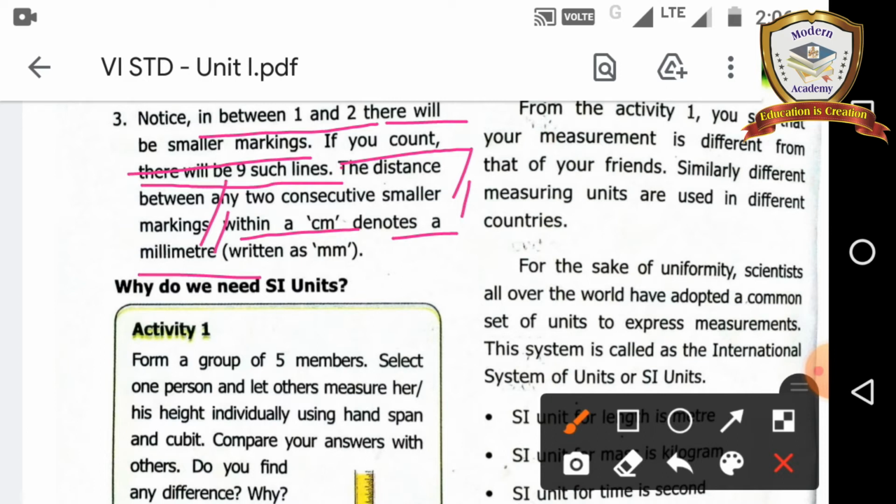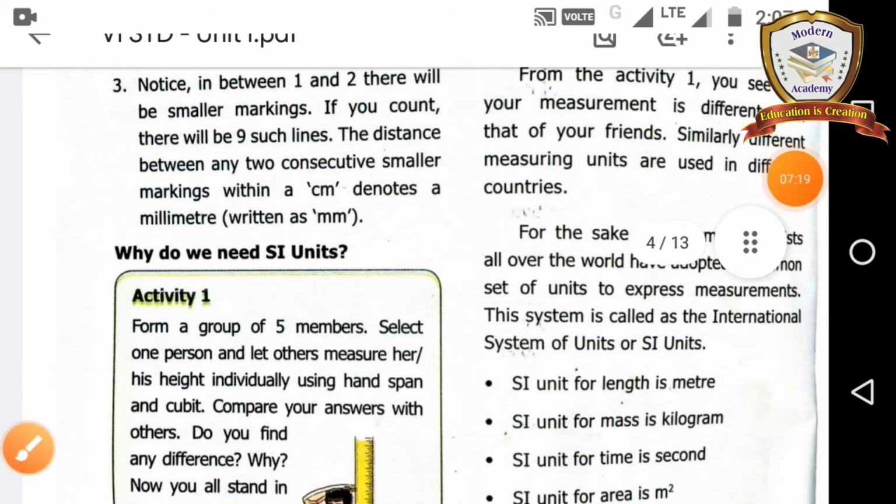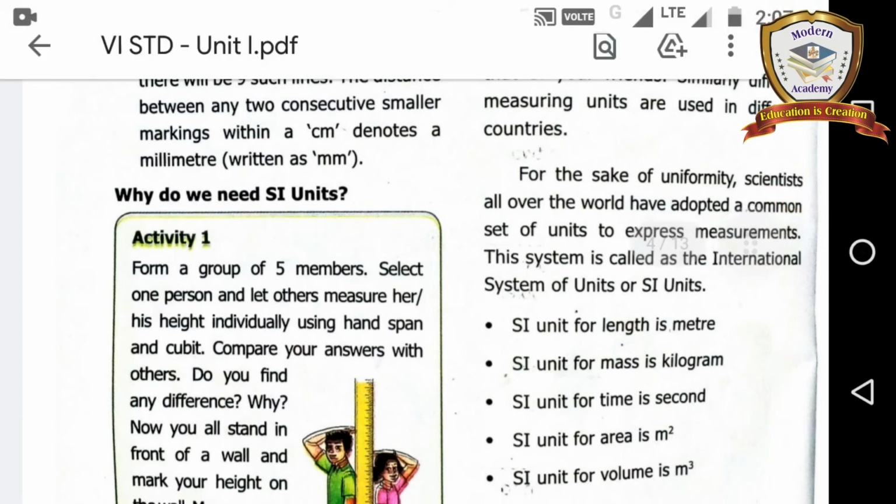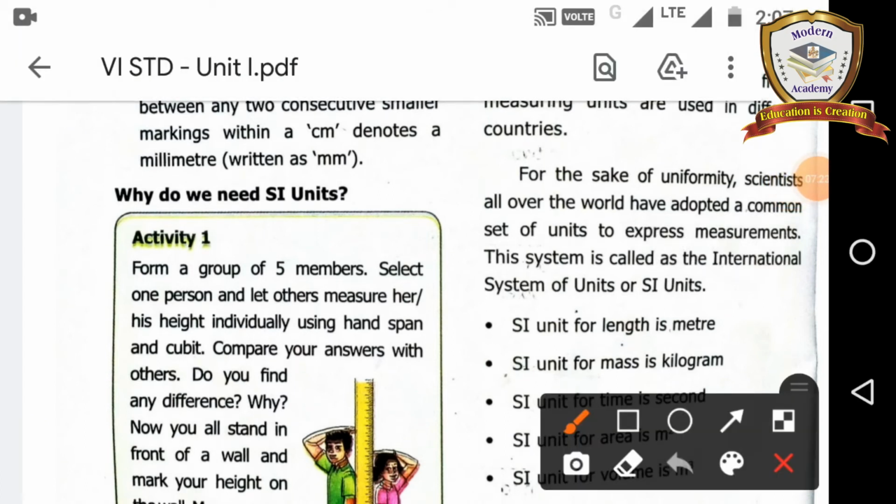Similarly, different measuring units are used in different countries. For the sake of uniformity, scientists all over the world have adopted a common set of units to express measurements.